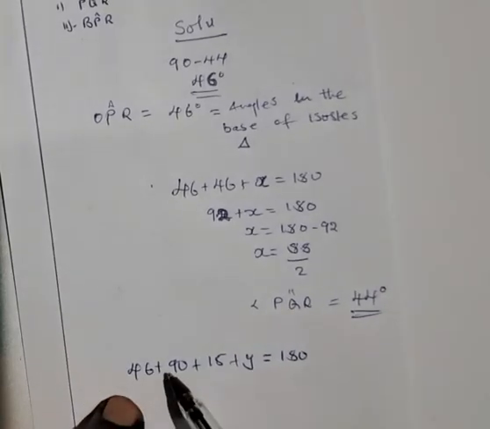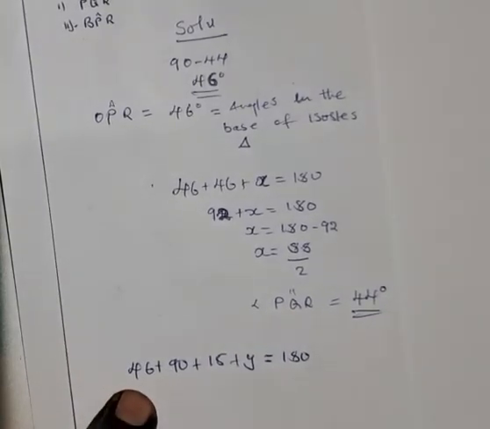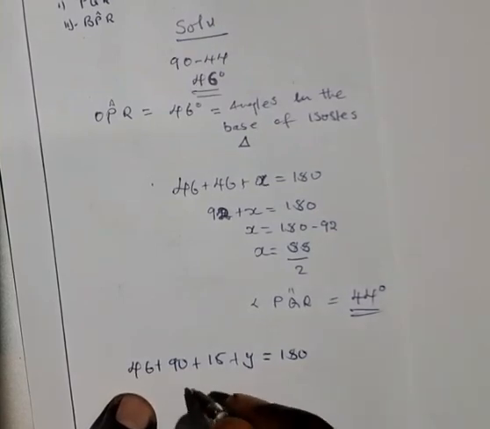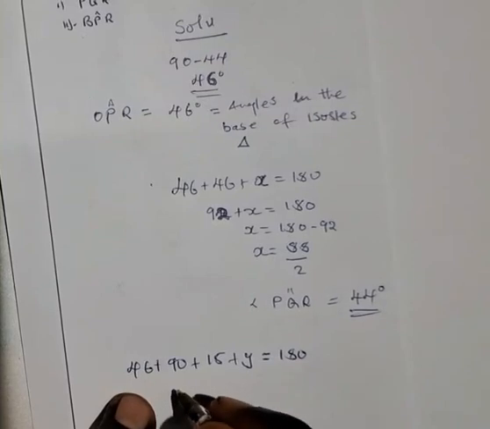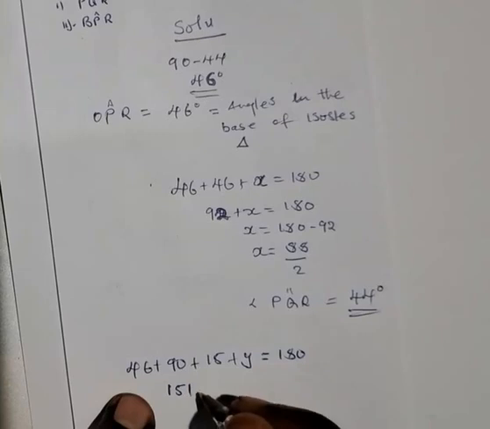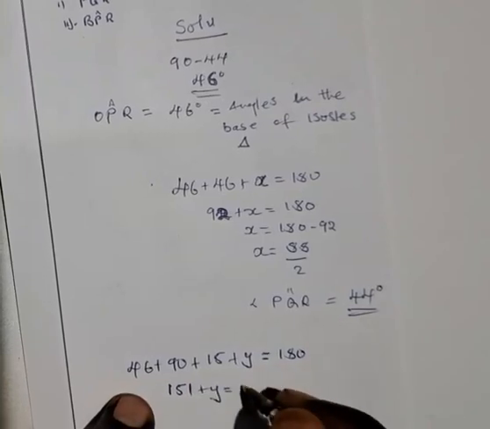So 90 plus 46 is 136. 136 plus 15 should be 151. Is it? Yeah, that's what my memory is saying. 151 plus y is equal to 180.